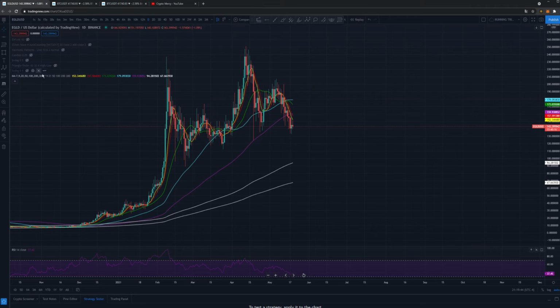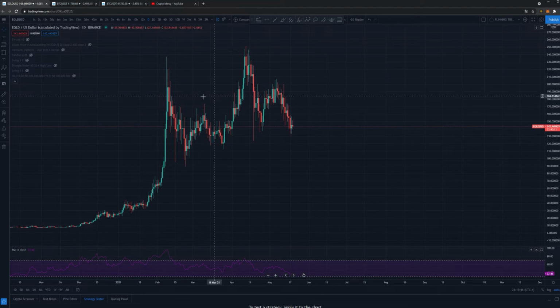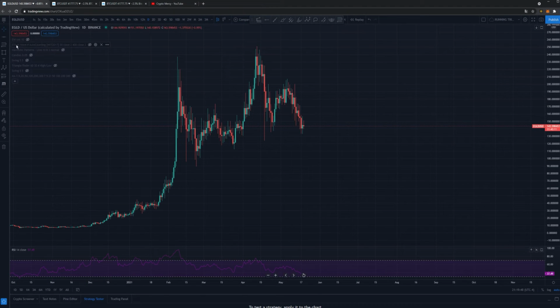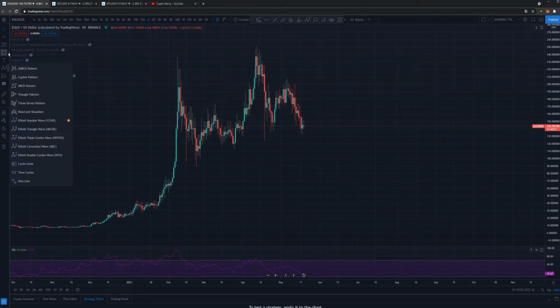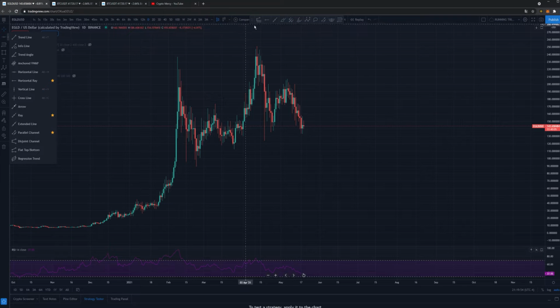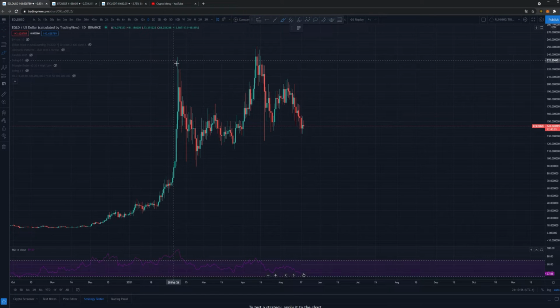Also, you need to note that Elrond is in a completely different situation than Bitcoin right now, because Elrond is still making higher highs, and it didn't make a lower low yet. We still have higher lows, which means the trend is up for Elrond until we have a confirmation of the inverse.